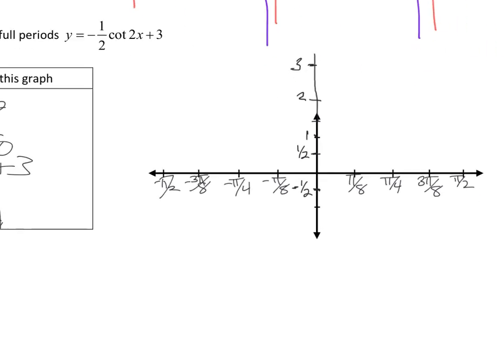All right, so first step, asymptotes. Asymptotes are at 0 and period and negative period. And there's no horizontal shift, so don't have to worry about that at this point. So, there we go.